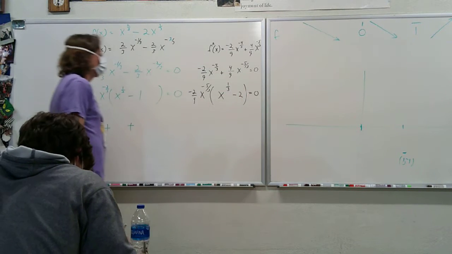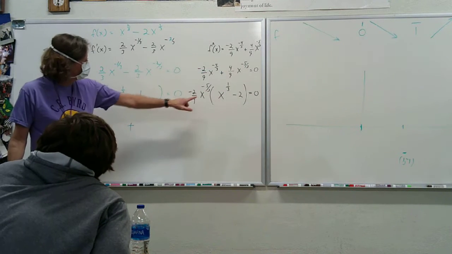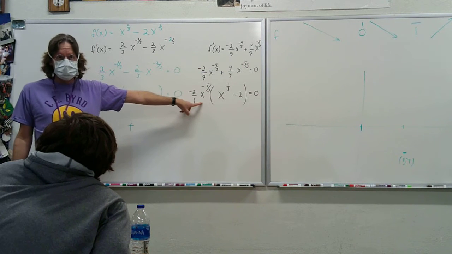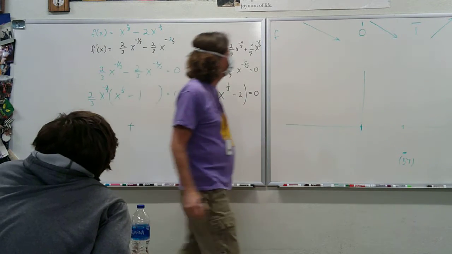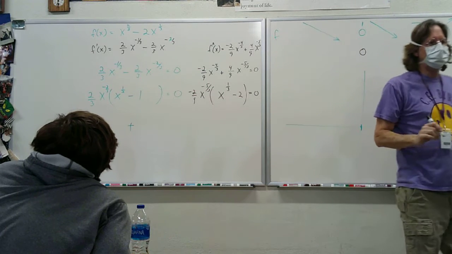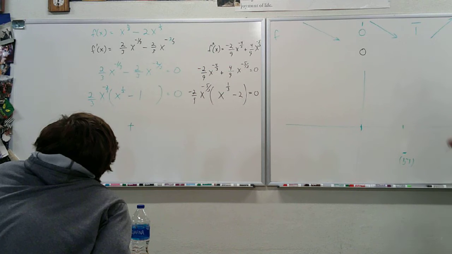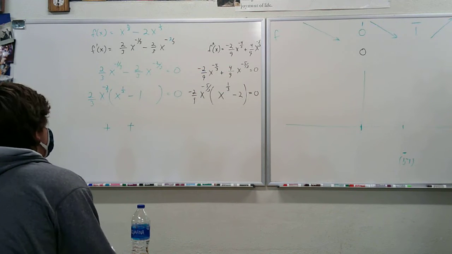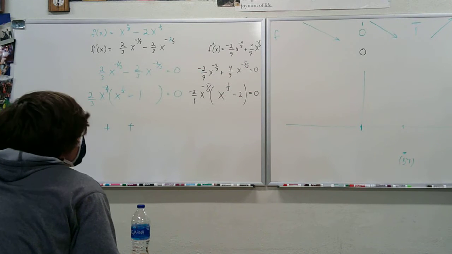So what are your important numbers for your second derivative? 0. It makes the second derivative undefined. And what's the next important number? 2 is a good guess, but it's not 2. It's the cube root of some number that makes 2. 8. And this is where, if you did not know how to do this, your calculator is going to mess you up.